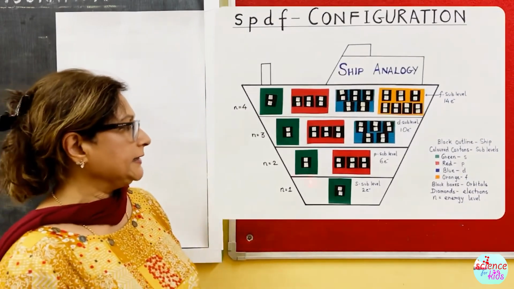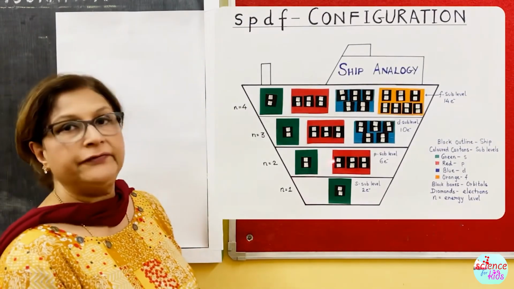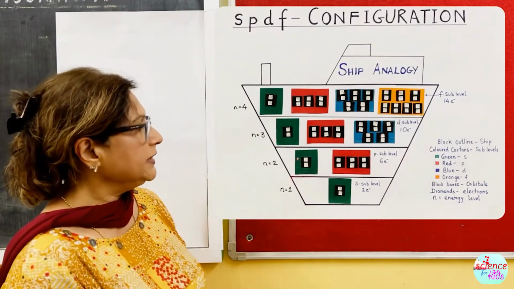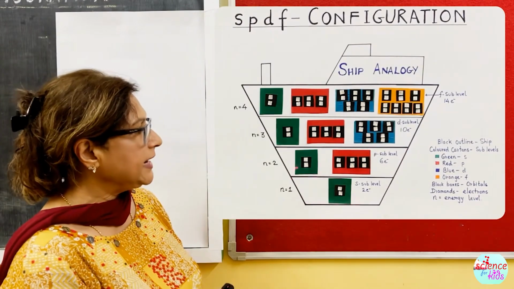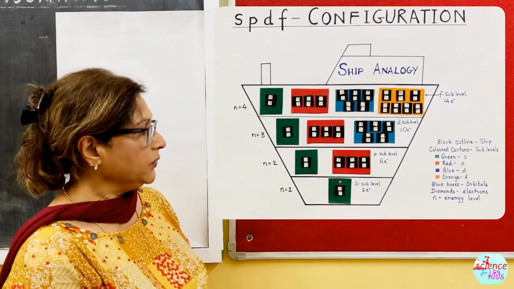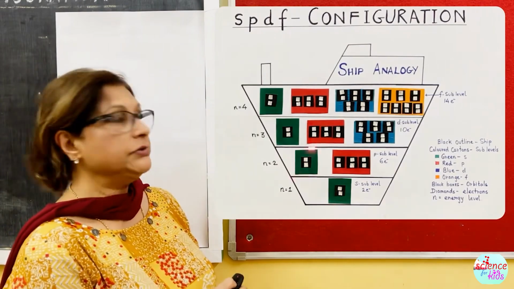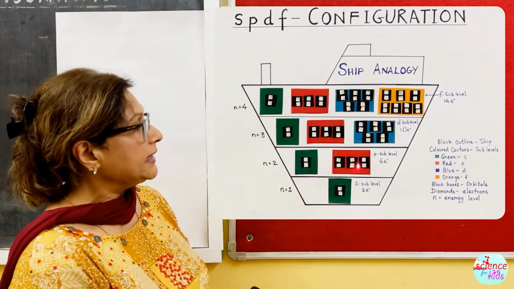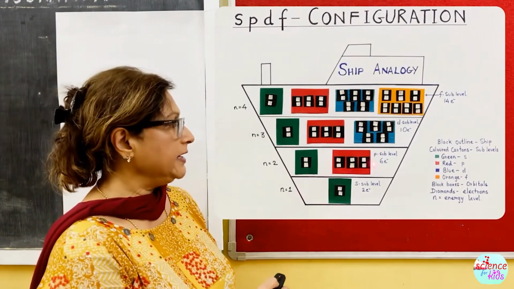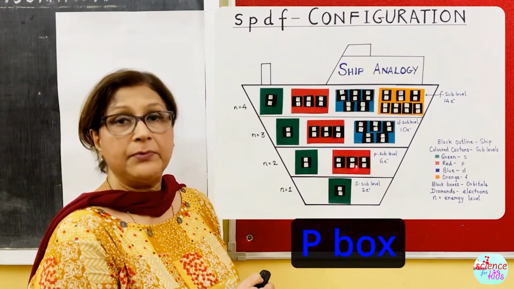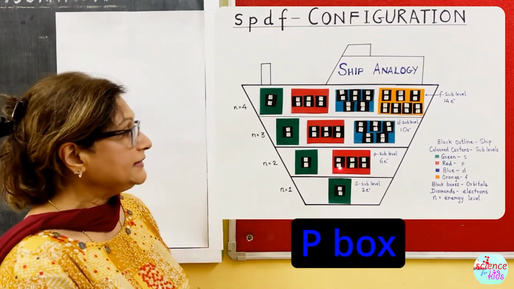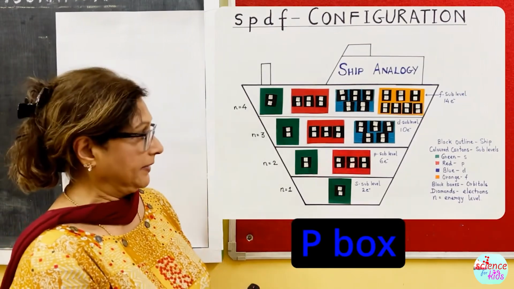Now the second deck has 2 different types of boxes. The first one, the S box, is exactly the same as in deck 1, because it holds 2 diamonds. And there is another kind of box in there, the red box, and we call it a P box. Now the P box has 3 black boxes in it.